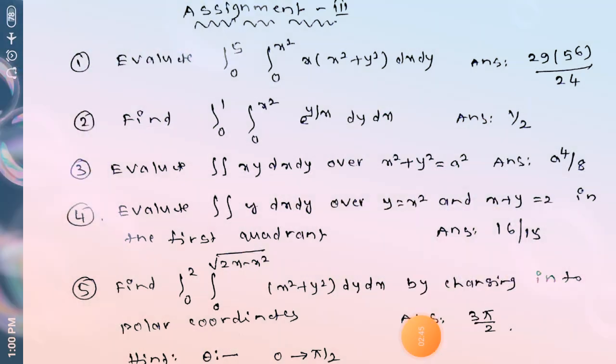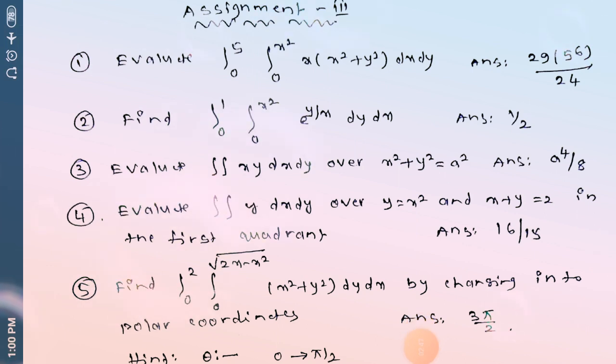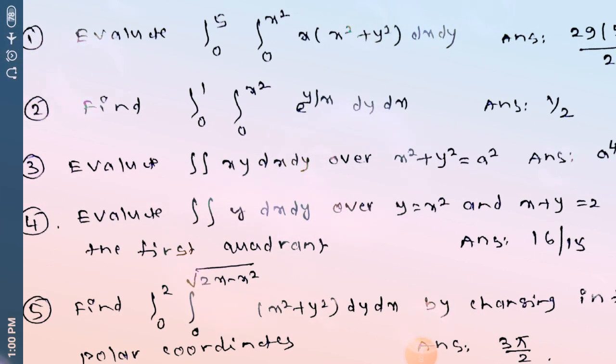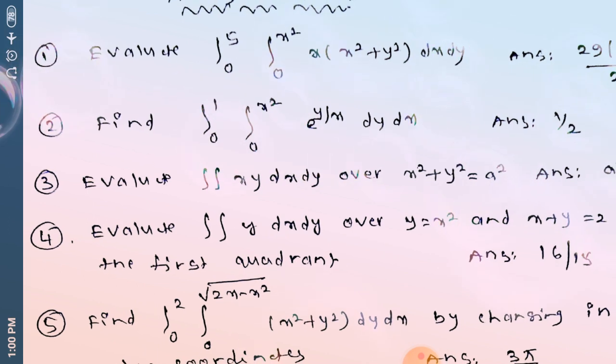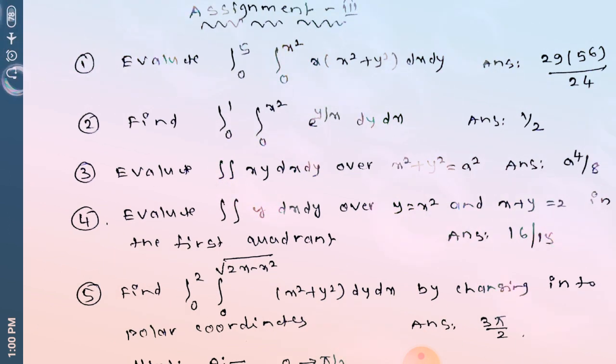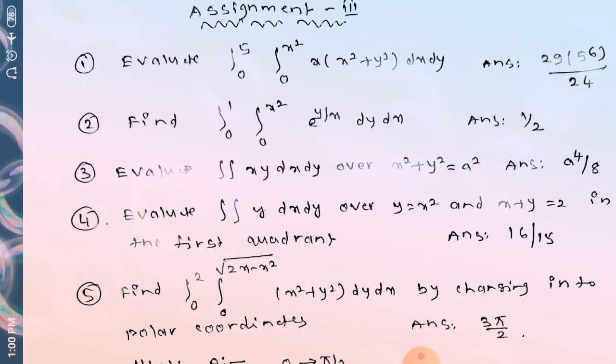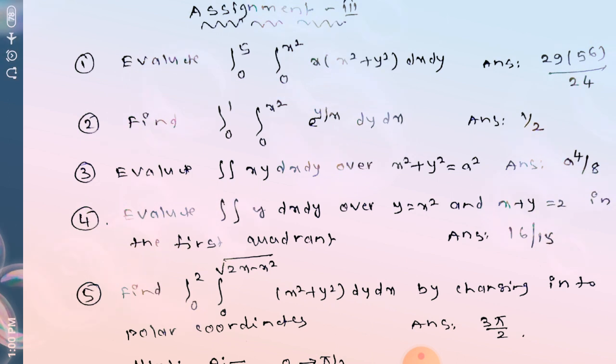Okay, now coming to your third problem: evaluate the double integral xy dx dy over x square plus y square equal to a square. In order to evaluate a double integral, you need two integral limits. But here limits are not given, only an equation is given, x square plus y square equal to a square.